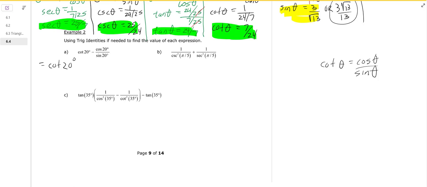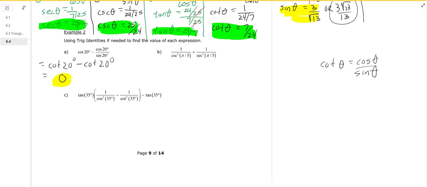Since these angles are the same, we can use the identity; if they were different angles, you couldn't. So we could replace that with cotangent of 20 degrees. And the cotangent of 20 minus the cotangent of 20, of course, is 0. So that's the answer to the problem. That's just an exercise in using identities.